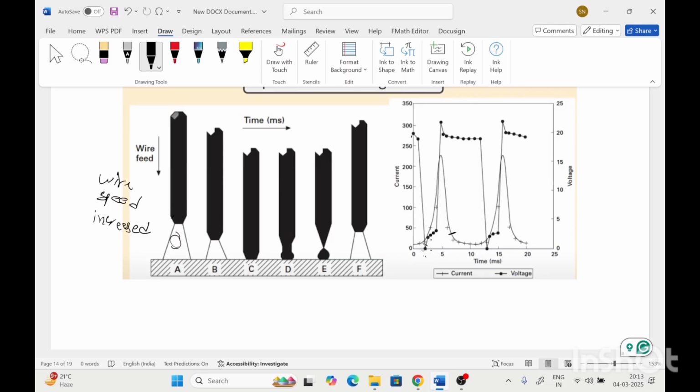And after that, as the wire is retracted again, the voltage and current are increasing for some time, and the arc will generate, and after some time when the wire comes in contact with the workpiece, as the voltage goes zero, the current will be low.